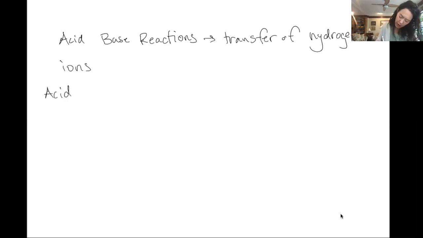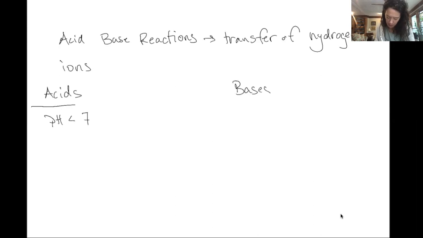If you think about acids and bases, acids we know are sour, corrosive, they've got a pH that is less than 7, and they have an excess of hydrogen ions. Bases we know are bitter and slippery and in lots of cleaning products, and they've got a pH that is greater than 7.